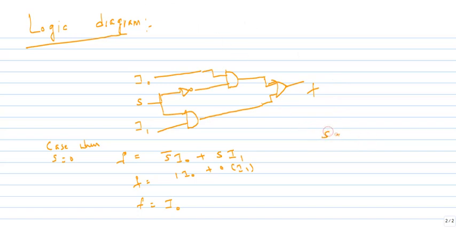When S is equal to 1, what happens? F is equal to S bar I naught plus S into I1.